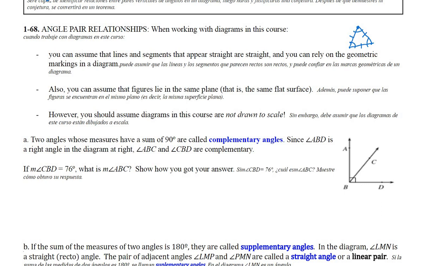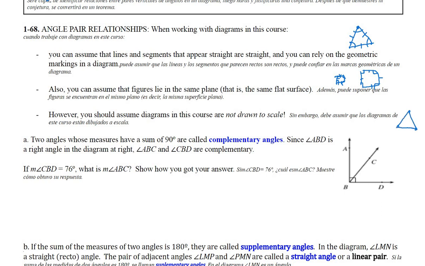That means that if I were to draw this square and this square, you can assume that they're meant to be represented on the same page. What you can't do is assume that, for example, this is also an equilateral triangle.